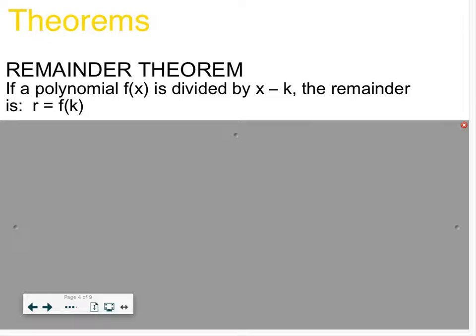We have the remainder theorem. If we divide a polynomial by x minus k, then the remainder is the function value at k. That might seem a little strange right now. Write it down. We'll work through an example and I can specifically point out what I mean.